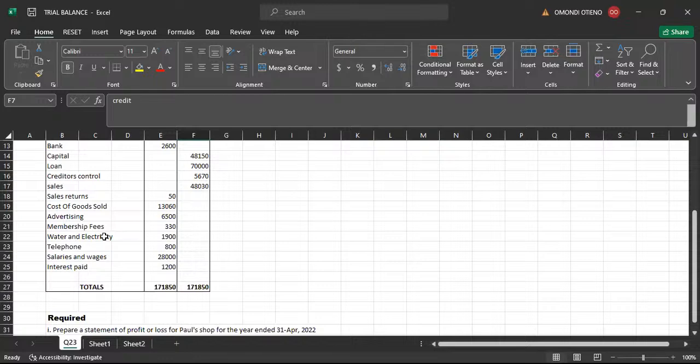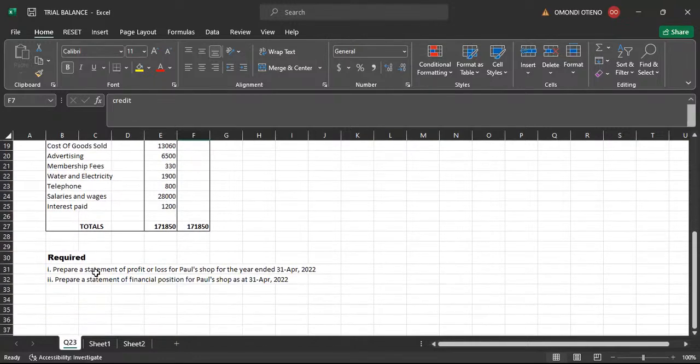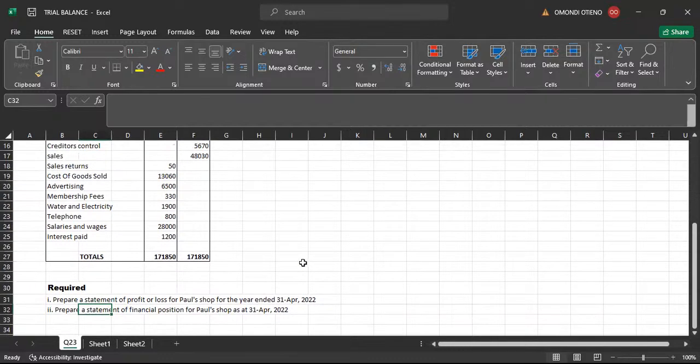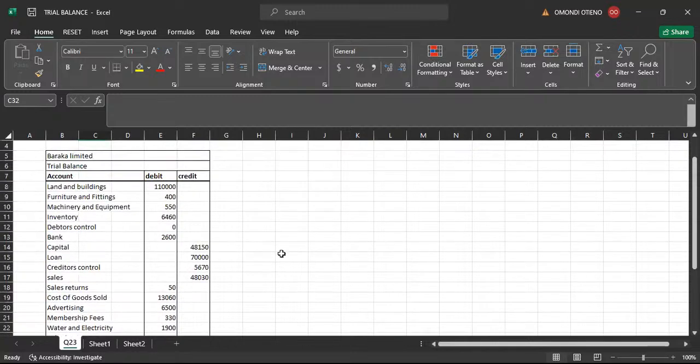That's what we all need to understand. Once that is understood, then we can proceed to prepare the two statements that are required here. I want us to do this with these great people here.